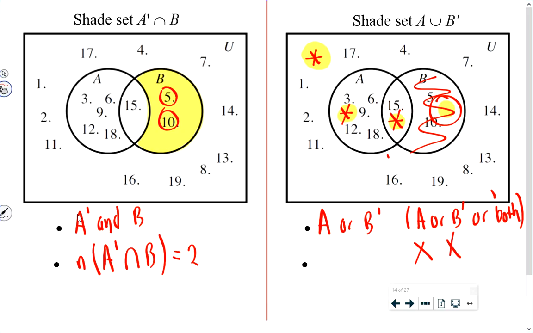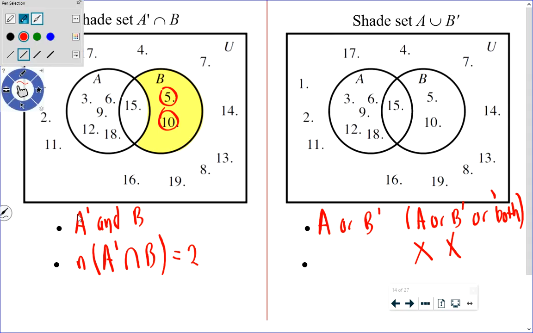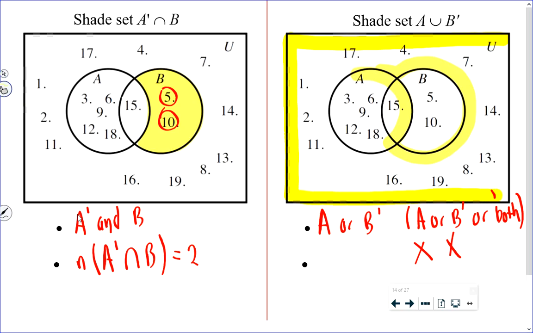No, they are B. So we're going to shade everything except for that region that are B but not A. So everything gets shaded except for this crescent shape. Because everything in any of these shaded regions will either be A or will be not B or will be both A and not B.